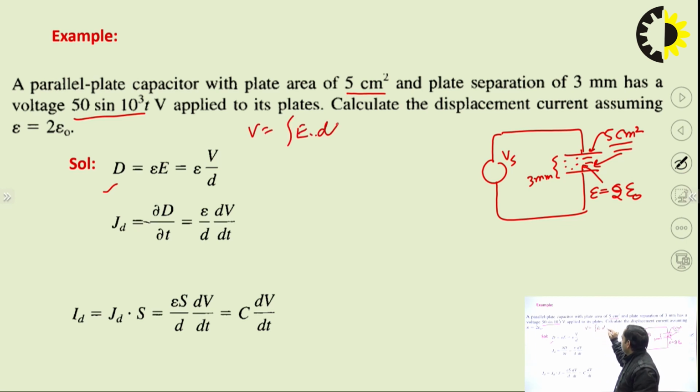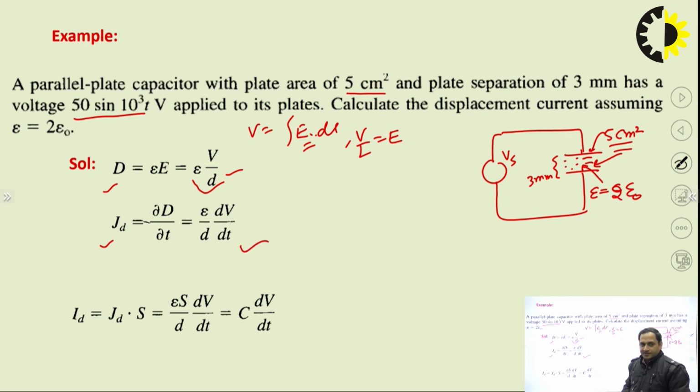From that we can find the value of E: E will be V upon d. In general, we can define V upon L equal to E. So J_D is equal to del D upon del t, and in place of D we can put epsilon V upon d.